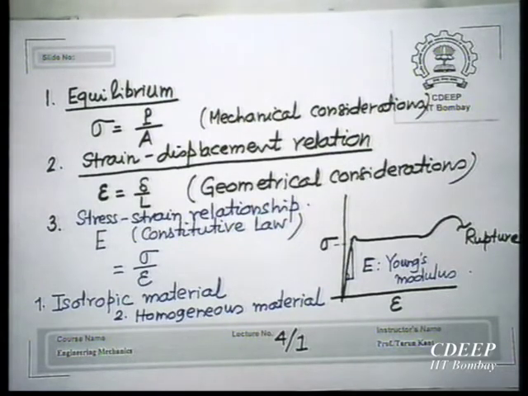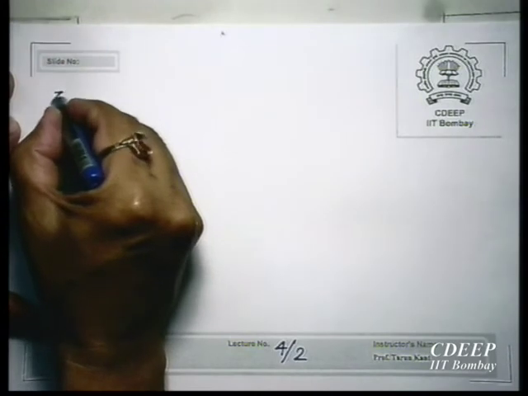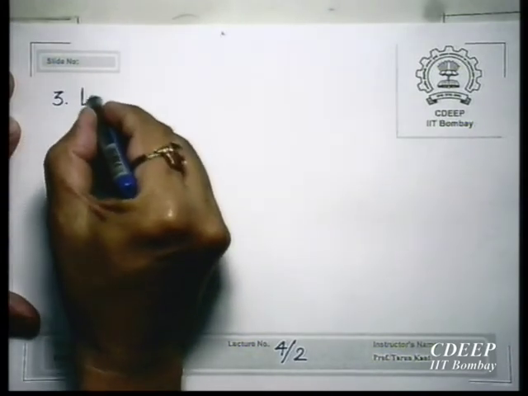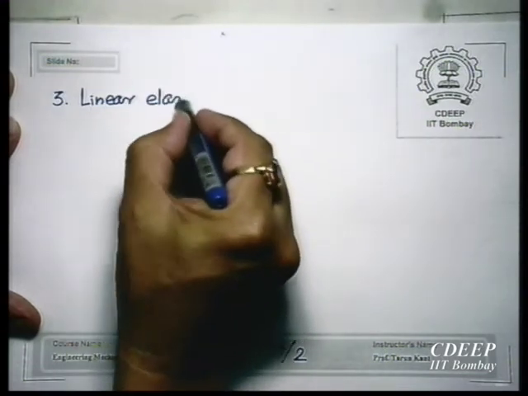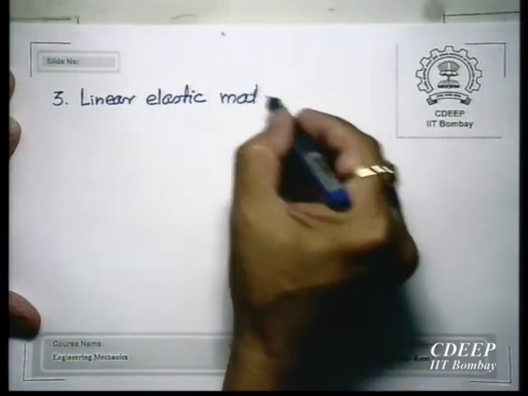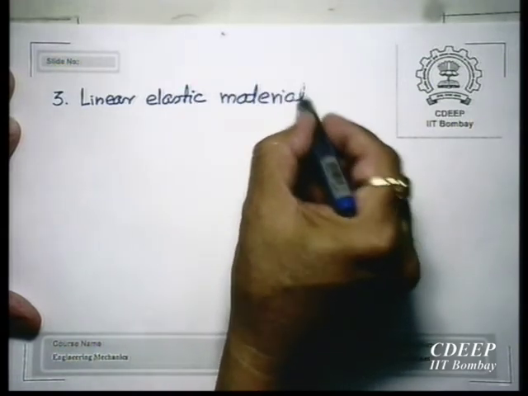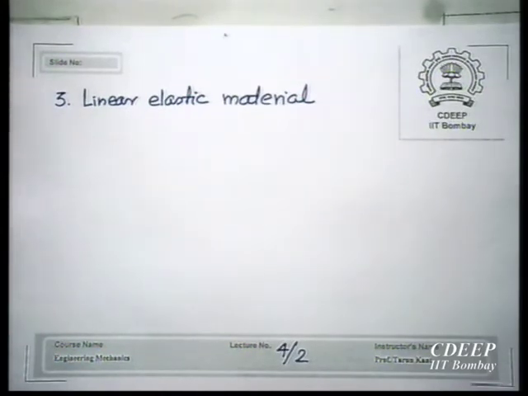So, we call it linear elastic. So, this behavior of the steel in this zone is linear. So, the third one I will write on the next sheet: linear elastic material. Why is it linear? Because the behavior is linear with respect to stress and strain.